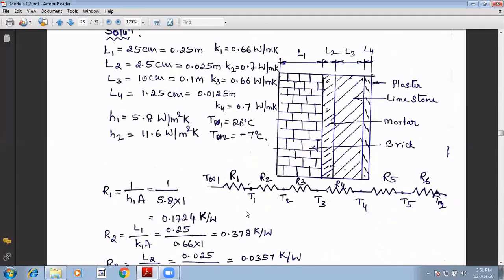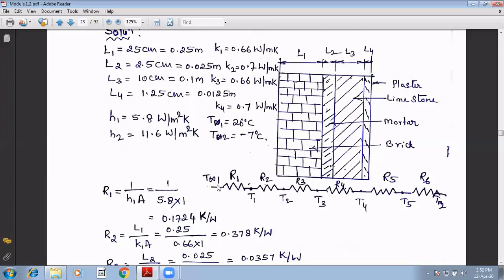So let us have a look at the problem. As I mentioned, we have 4 different materials: brick, mortar, limestone as well as plaster. Along with these 4, we have interior convective resistance and exterior convective resistance.